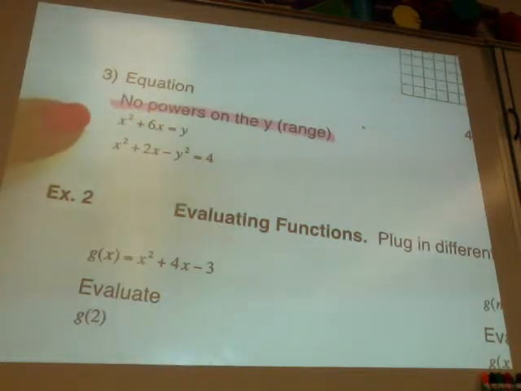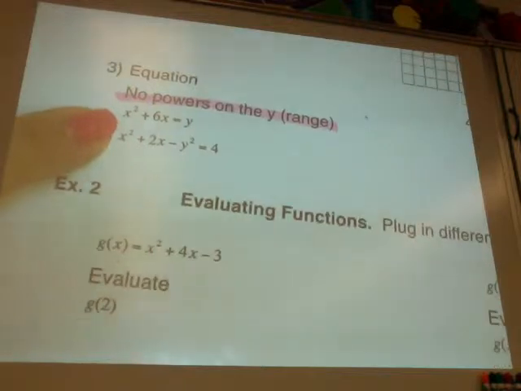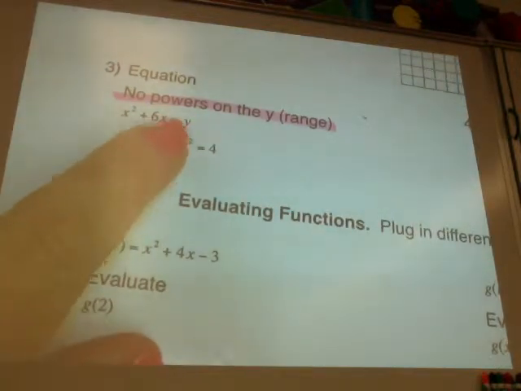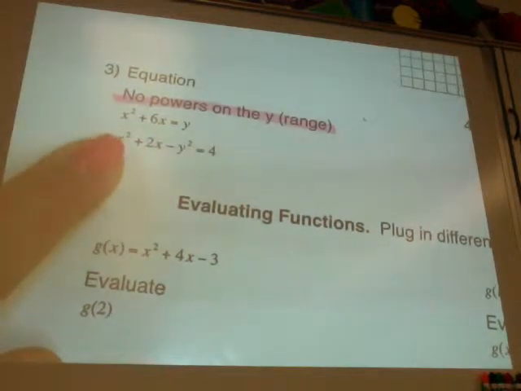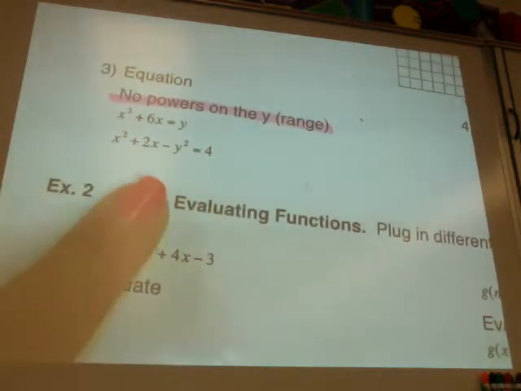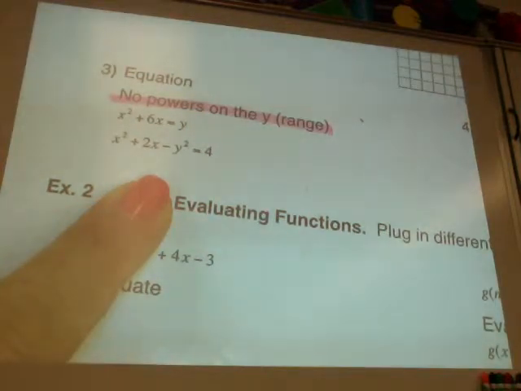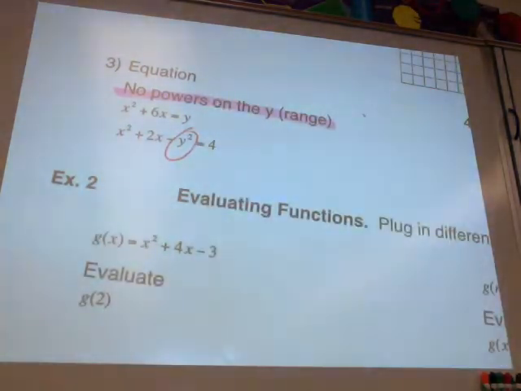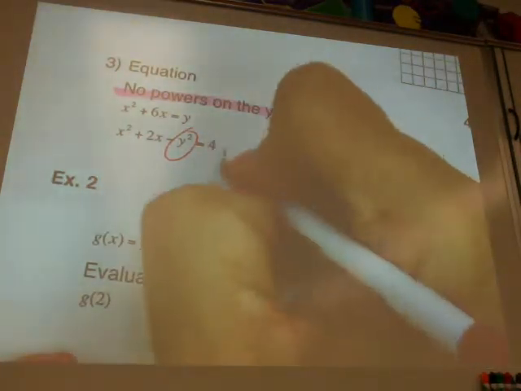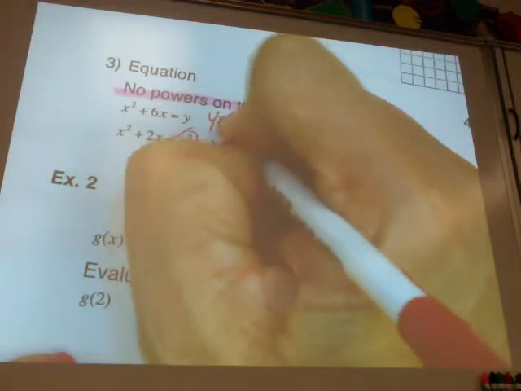So here, notice that the x has a squared, but I'm really only focusing on the y. The y is to the first power. That's what I want. This is going to be a parabola opening up or down. The minute your y is squared, it becomes a parabola opening right or left, as you learned in Algebra 3-4. So because of this right here, this one's no. This one's yes.